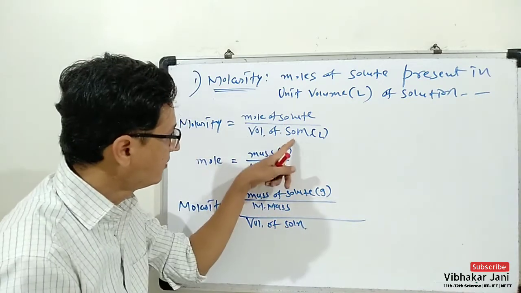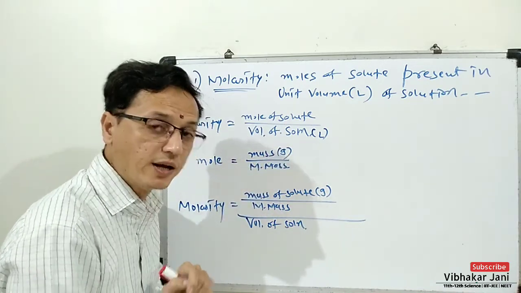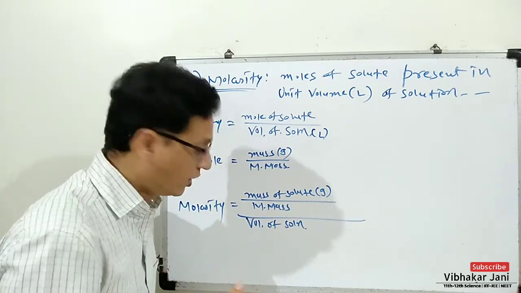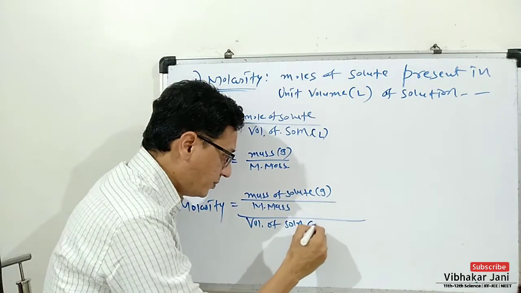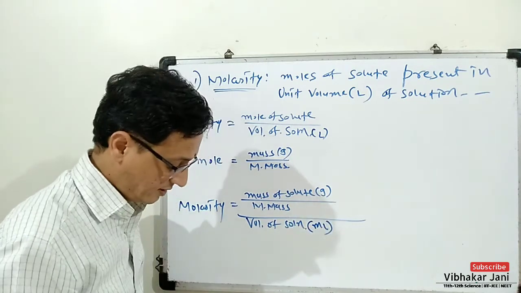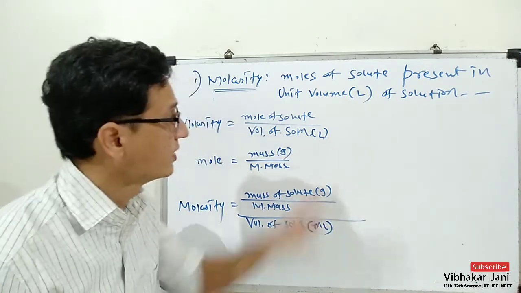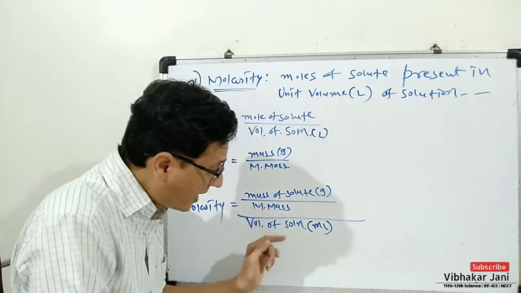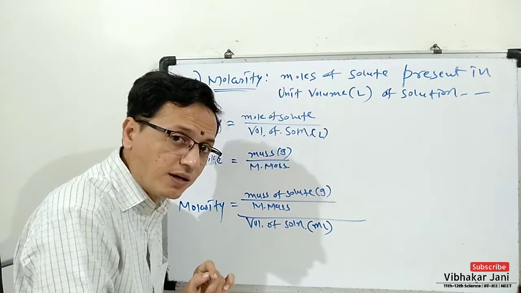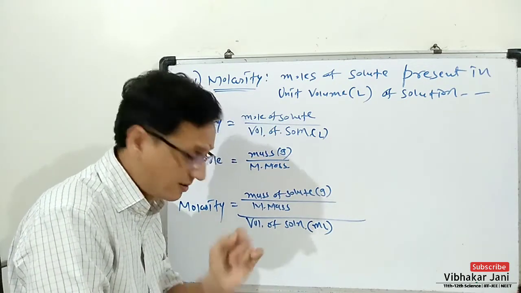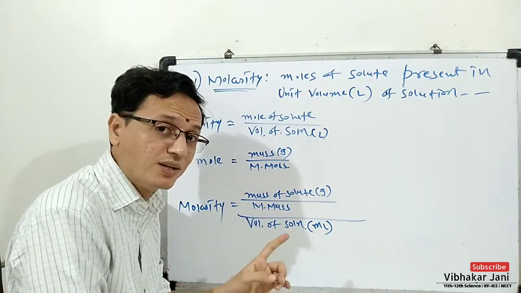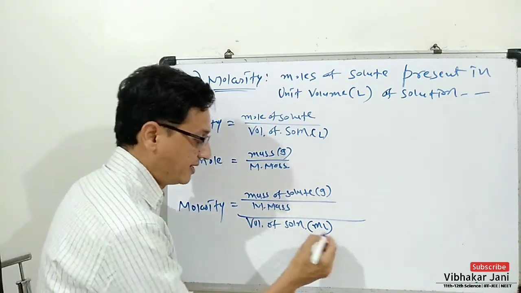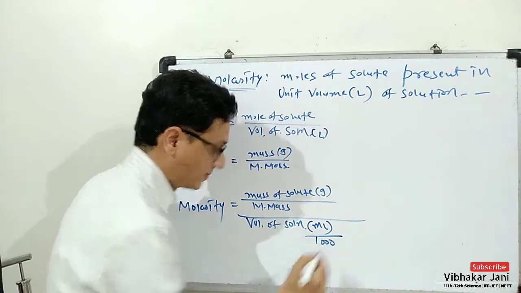But according to the definition, volume should be in liter, but practically we have to take volume in milliliter. So here, if I write milliliter, then it will not be correct according to our definition. Though I am writing milliliter, it still indicates the volume in liter, and for that I have to divide this milliliter by 1000.